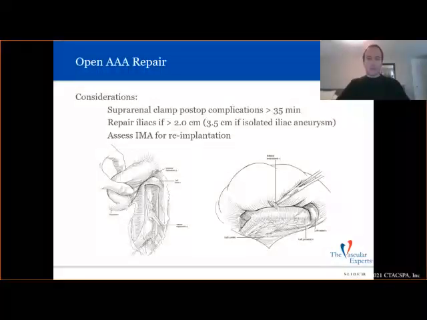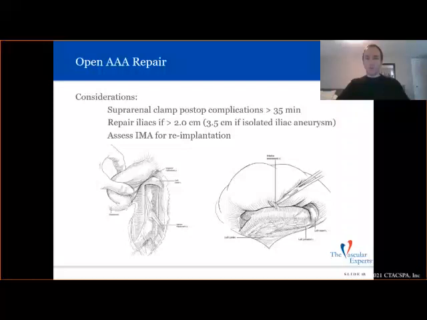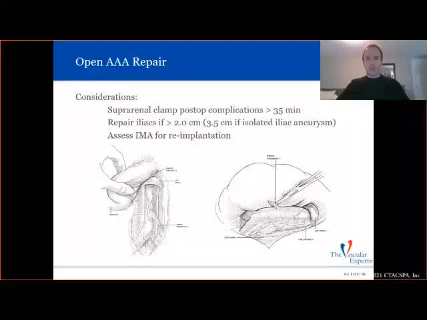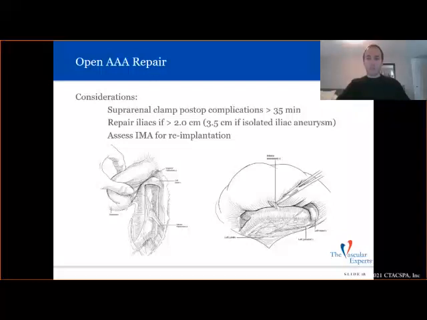The IMA is only really reimplanted if there's poor bleeding in it. So if there's pulsatile bleeding coming back from the IMA, you can put a clip on it or oversew it. If there's poor back bleeding from the IMA, that means the collateral flow through the marginal artery of Drummond and arc of Riolan is compromised, or if the patient's had a prior colectomy, just reimplant the IMA.